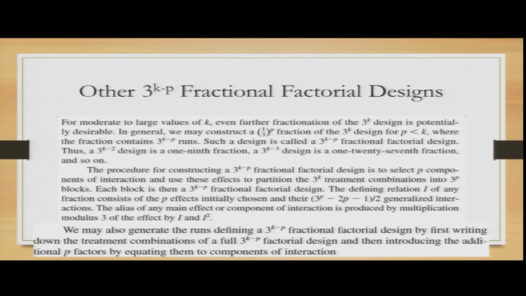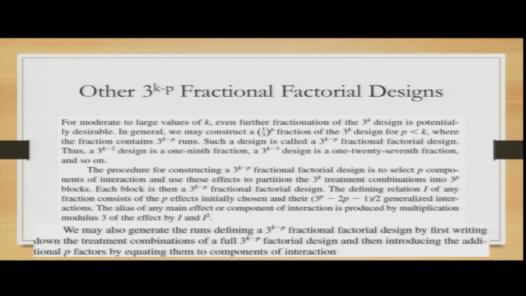Other 3 to the power k minus p fractional factorial designs are for moderate to large values of k. Even further fractionation of the 3 to the power k designs is potentially desirable. In general, we may construct a 1/3 to the power p fraction of the 3 to the power k design for p less than k.